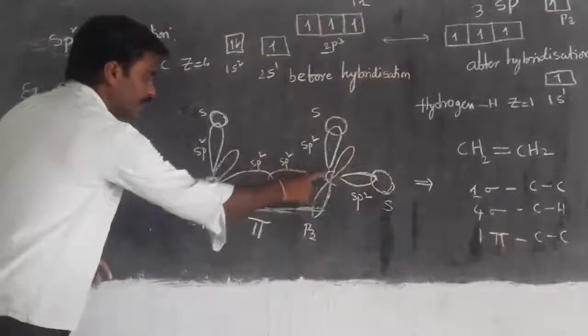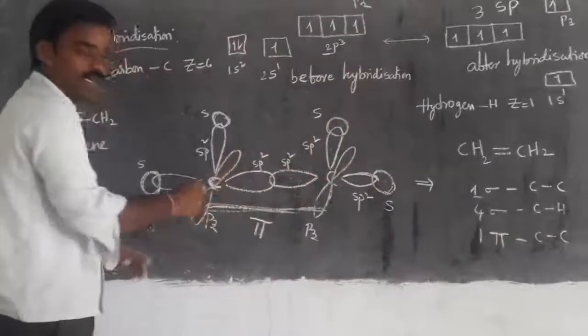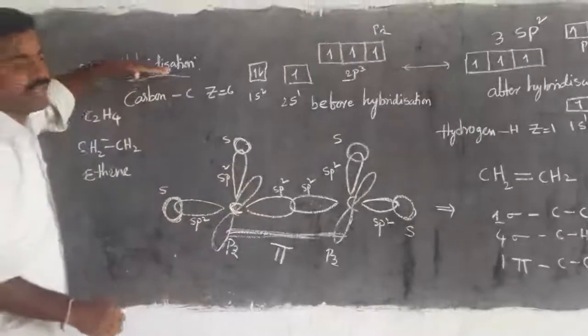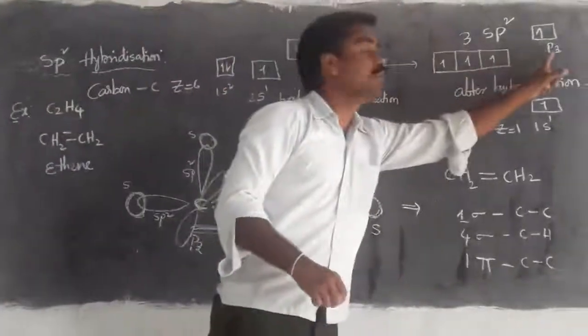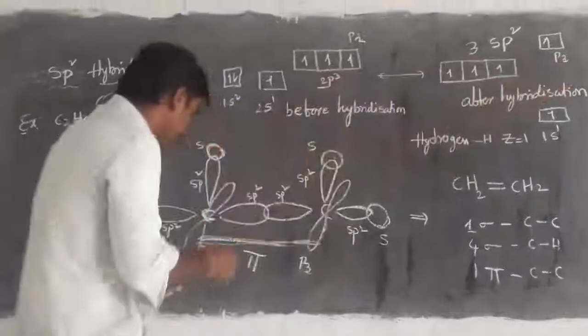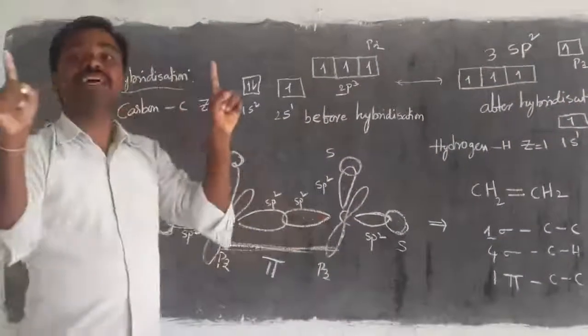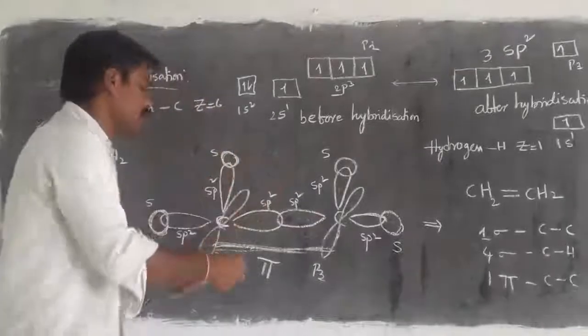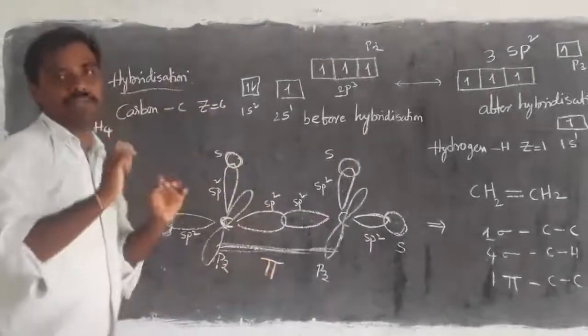Between carbon and carbon, there is one unpaired electron which does not participate in the hybridization. The type of orbital is pz, which can overlap laterally, forming the pi bond.